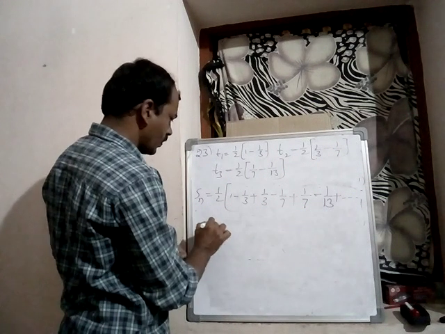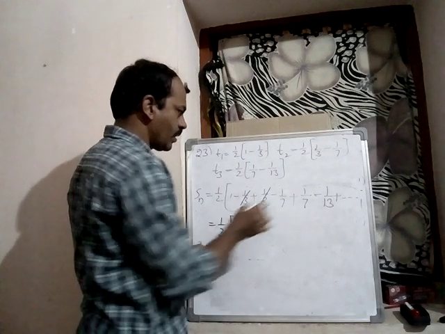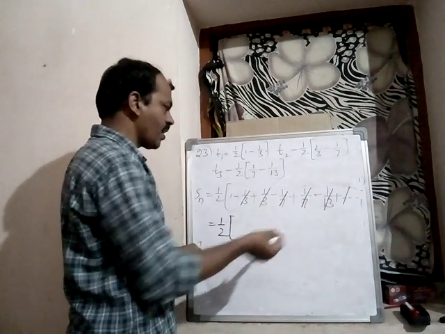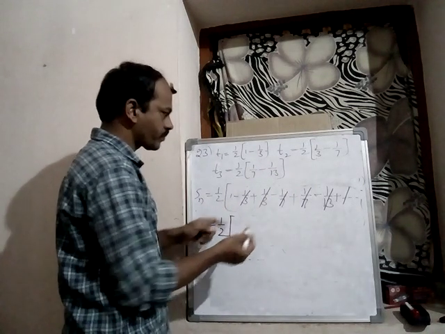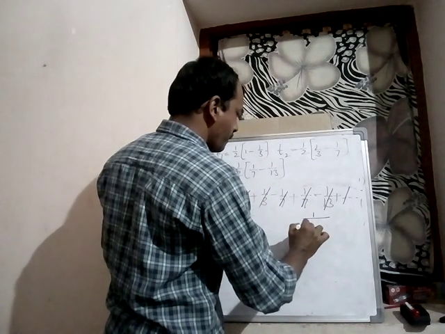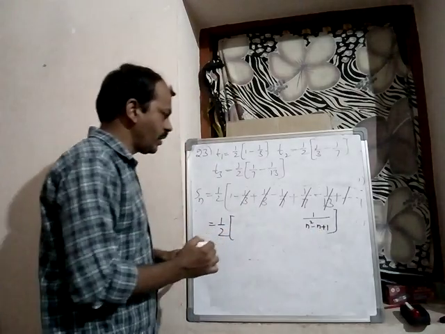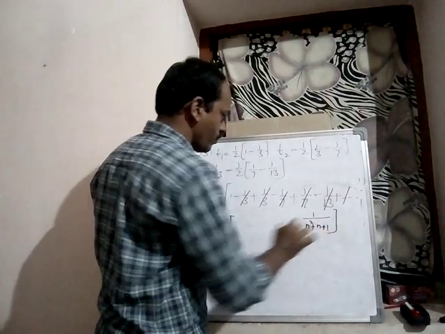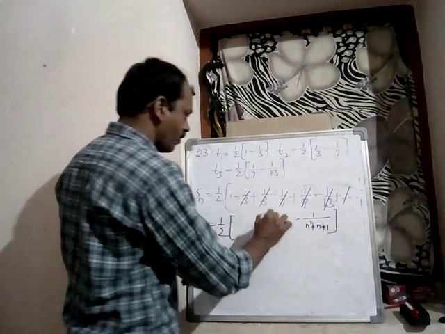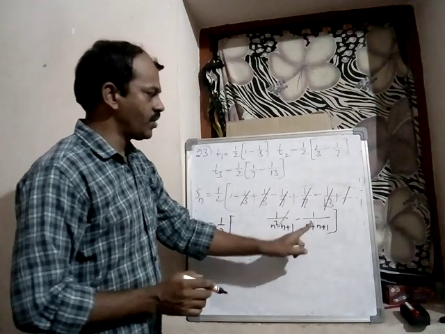Minus quantity plus quantity, minus quantity plus quantity, minus quantity plus quantity. So what is the last one? The last term, the nth term, is 1 by (n² + n + 1). Negative, positive: we get a positive last term. So the previous term is cancelled, 1 by (n² − n + 1), and the last one is what we get.